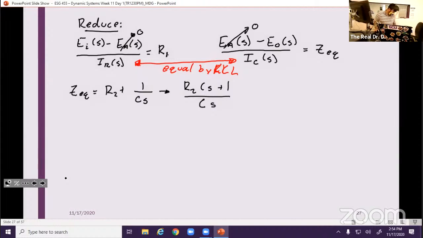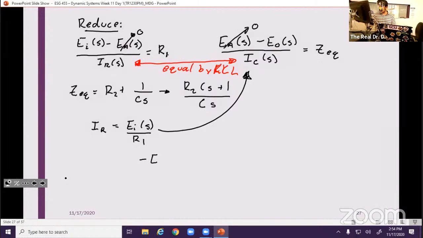So which one do I want to solve here? Well, I'm going to say that I sub R is equal to E_in of S over R1. And I'm going to plug this into this equation.